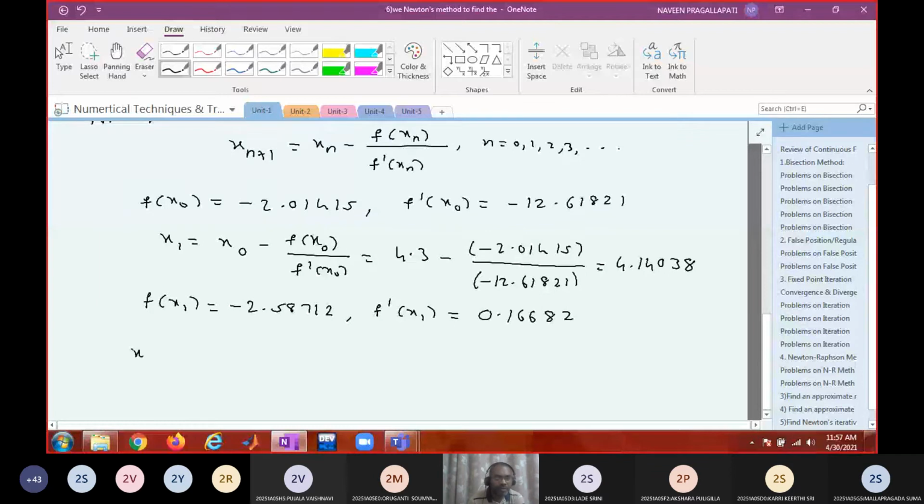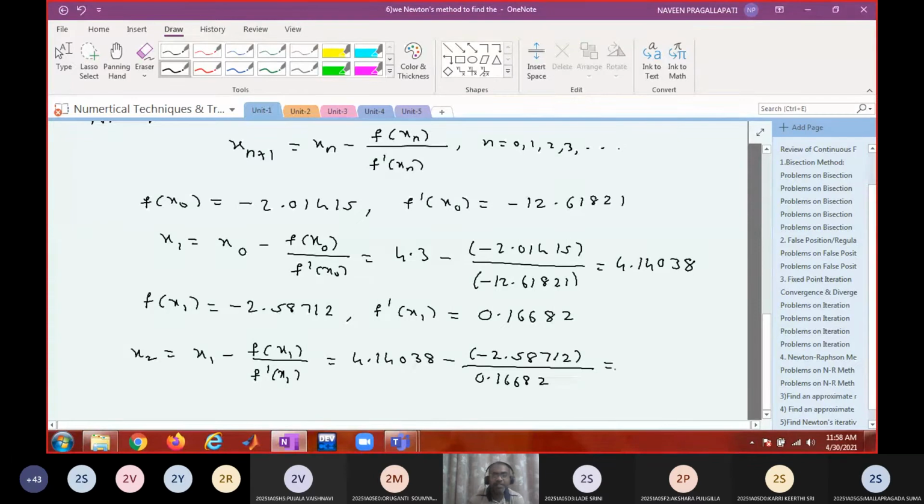So x2 is equal to x1 minus f by f dash, minus of minus is plus.